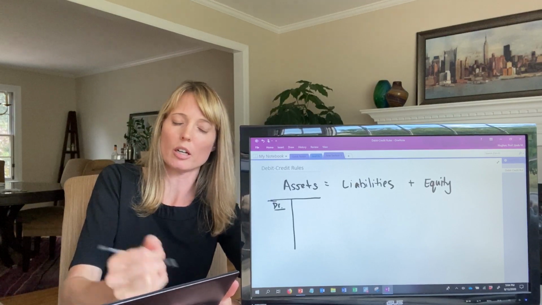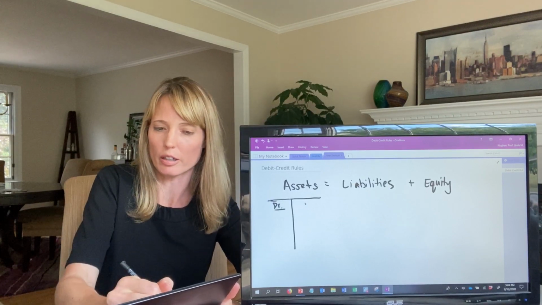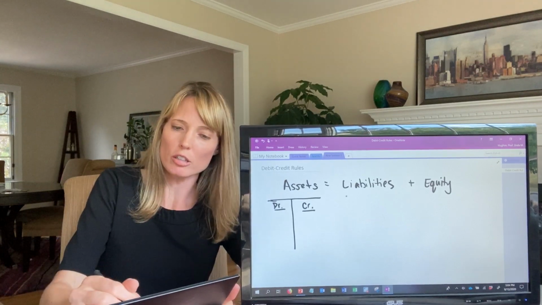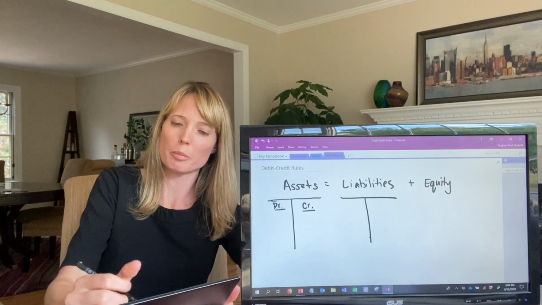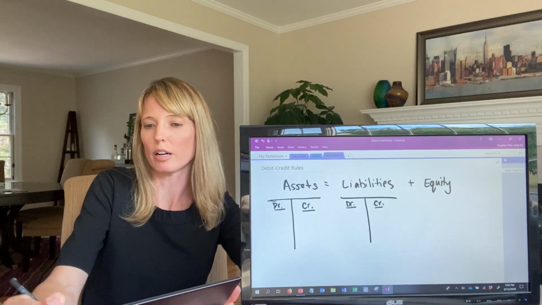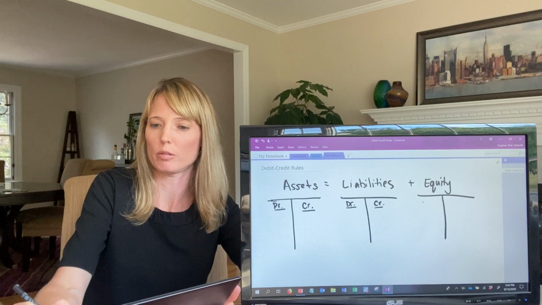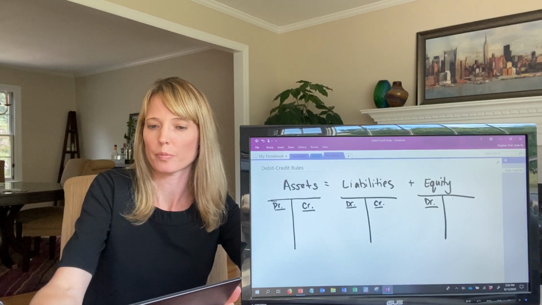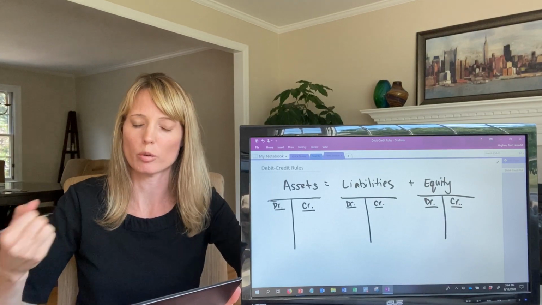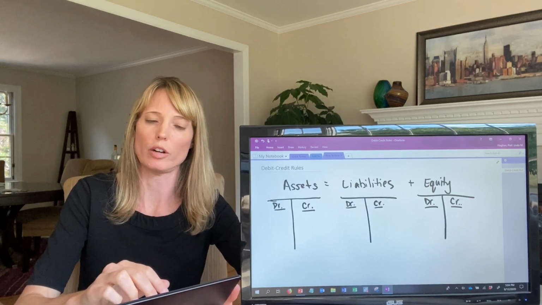We typically abbreviate debit DR, don't ask me why, and credit CR. So regardless of what type of account, debit means left side and credit means right side. But whether a debit means increasing that account or decreasing depends on how we classify each of these.